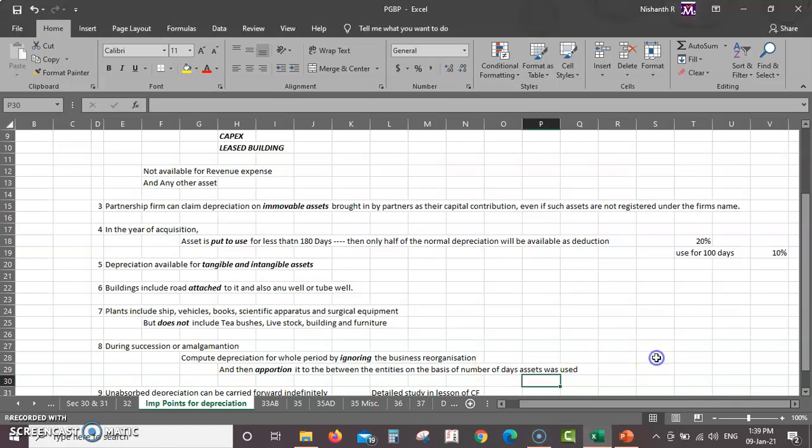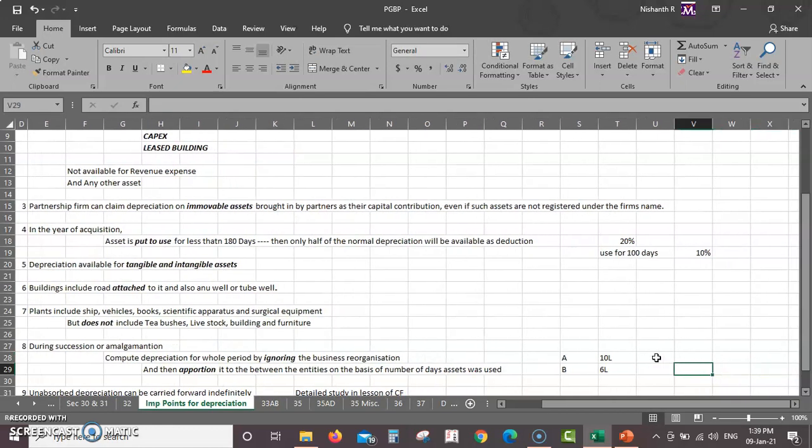It's the same as, say there is A company, B company. A company has assets worth 10 lakhs, B company has assets worth 6 lakhs. A company takes up B company and they remain to be A company alone. And this company has assets of 16 lakhs now. A company took over B company.